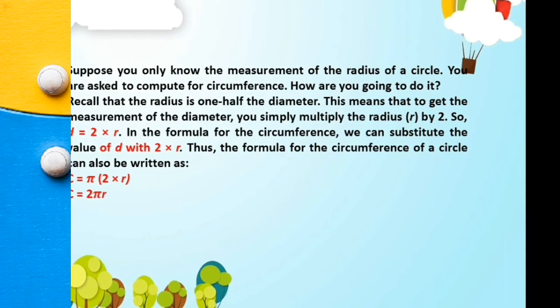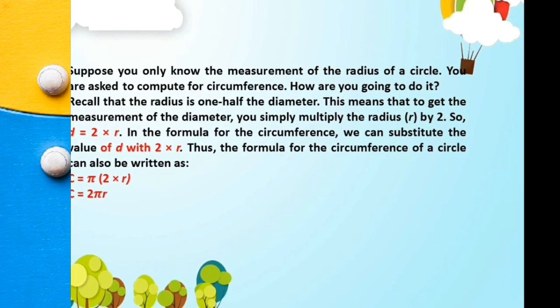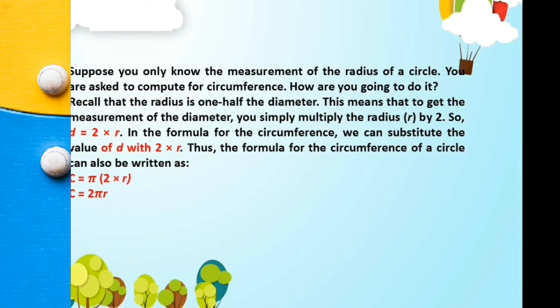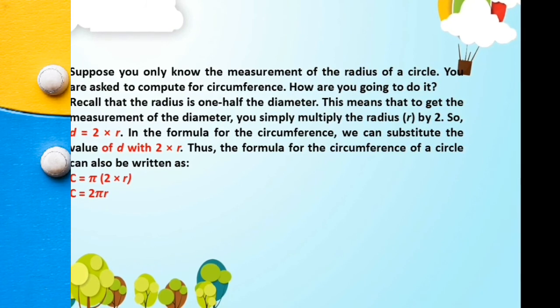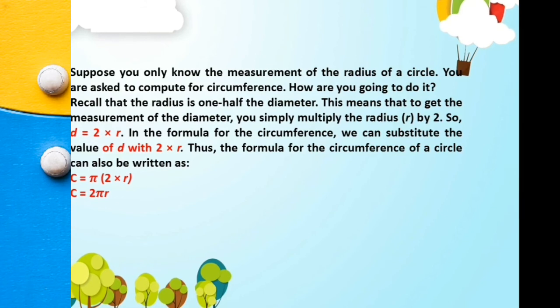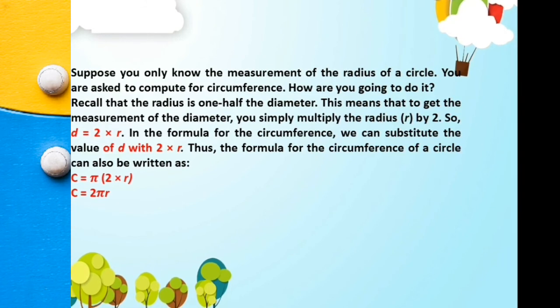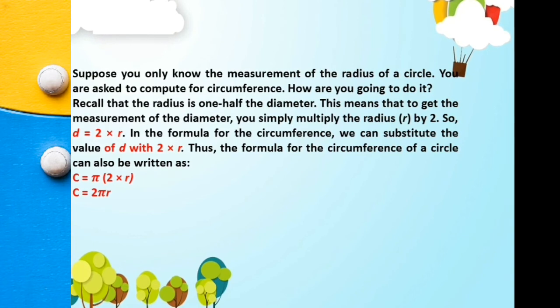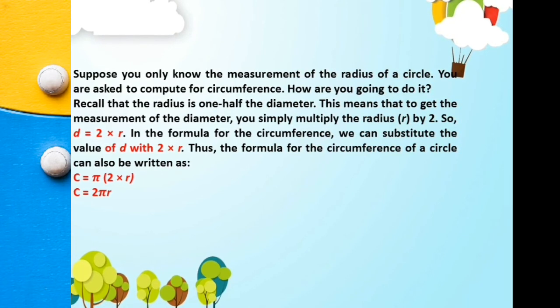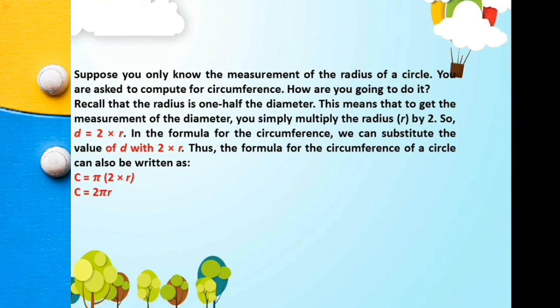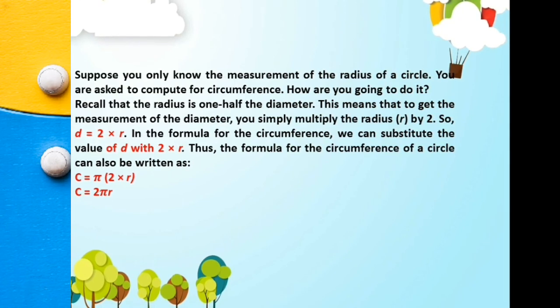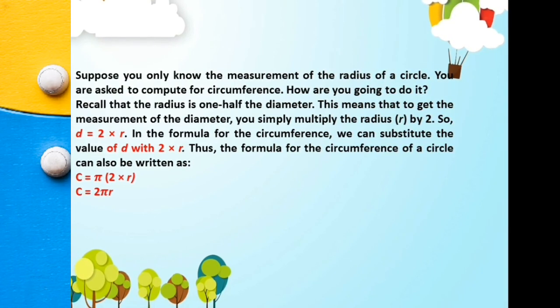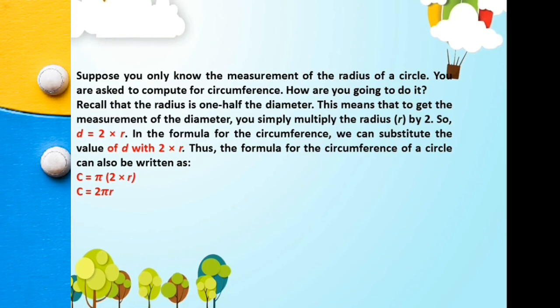In the formula for the circumference, we can substitute the value of D with 2 times r. Thus, the formula for the circumference of a circle can also be written as this: C, or circumference, is equal to pi times the quantity 2 times r, then C is equal to 2 times pi times r, or 2 pi r.